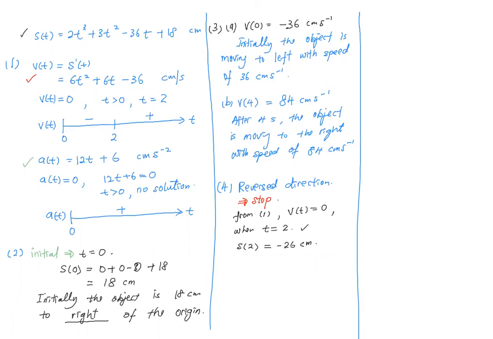So now let's go to part 5. Find the time when the object's speed is increasing. This is something that you have to remember. When you want to know whether the speed is increasing or decreasing, you must have both velocity and acceleration sign diagram.